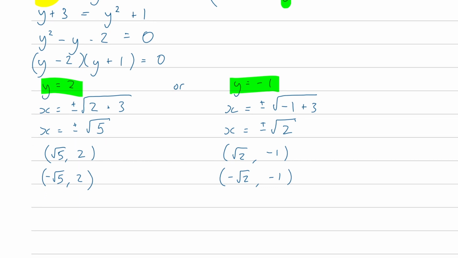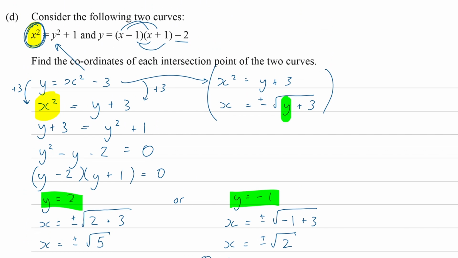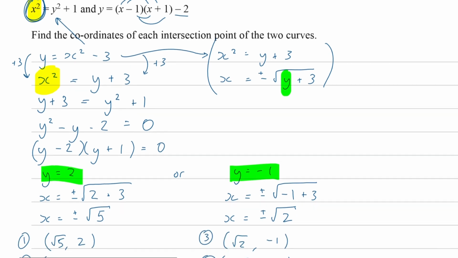So we have 1, 2, 3, 4 points of intersection. And definitely confirm this with your calculator by graphing both sides and using GSolve to find the intersection points.